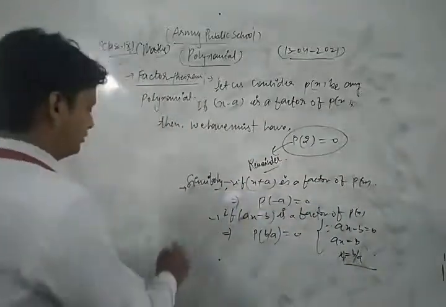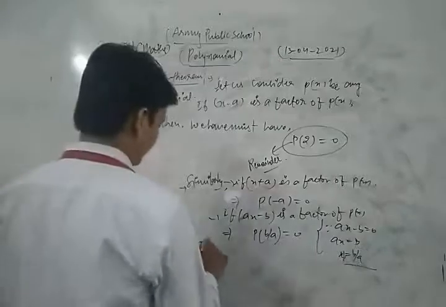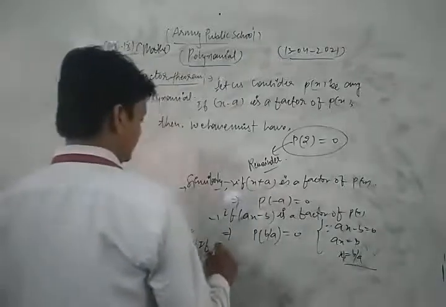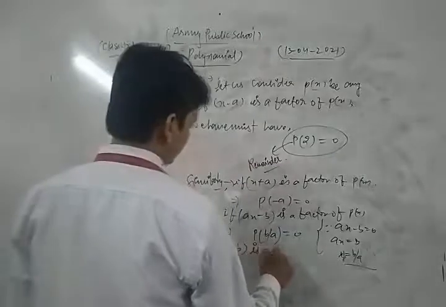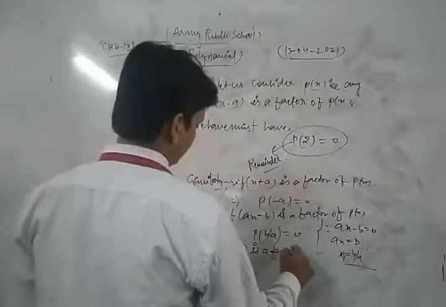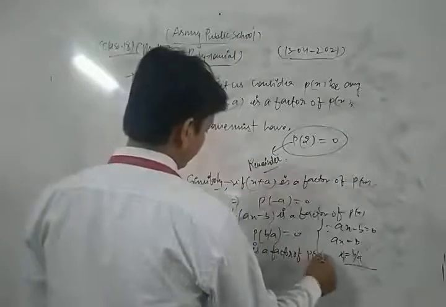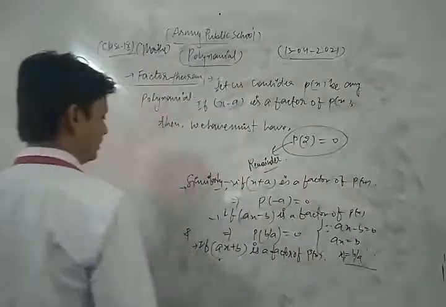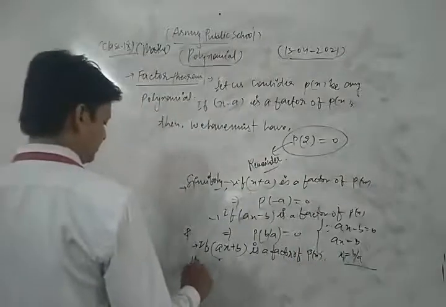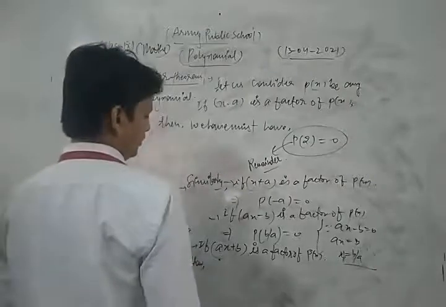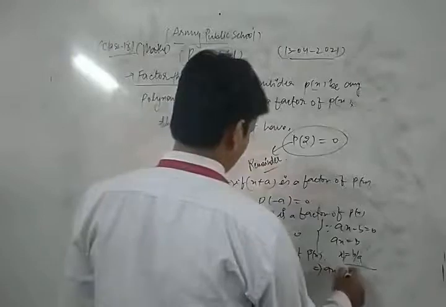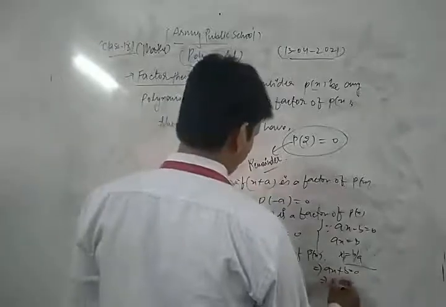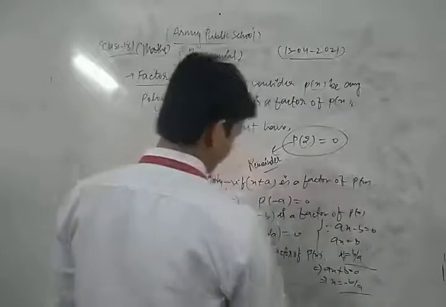And if ax plus b is a factor of p(x), then we take ax plus b equal to 0, that is x is equal to minus b by a.